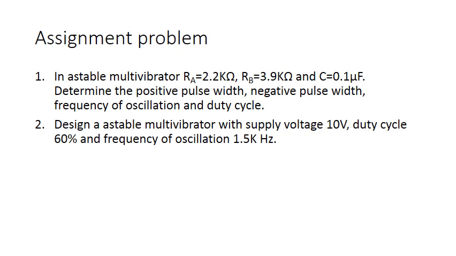So two assignment problems are there. First one, in astable multivibrator, RA is given, RB is given, capacitor is given. Determine the positive pulse width, that is TC. It is the time period for charging. Negative pulse width, discharge time, TD.